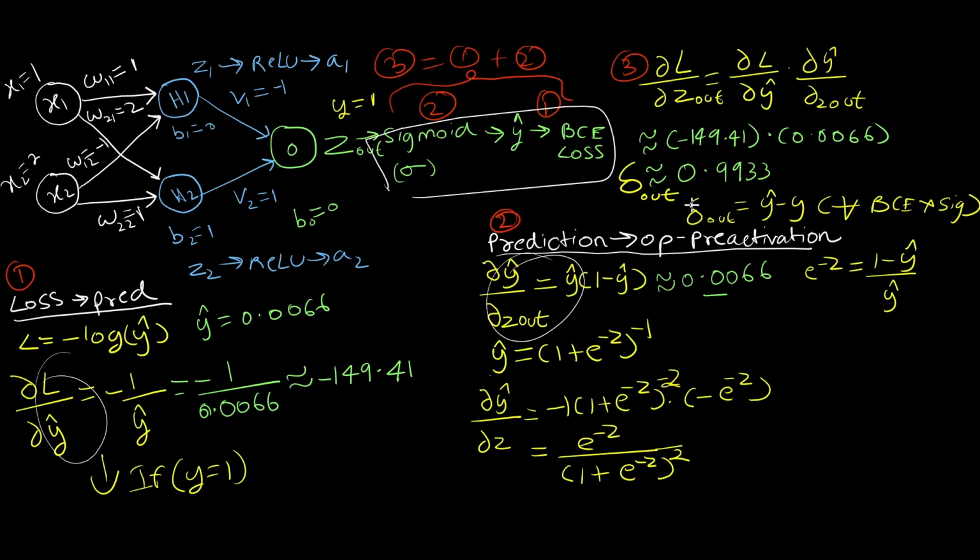So we introduce another term which is called the error signal, which is delta of output, which we mentioned here, to represent the error which is downstream of all these things after the output neuron. So that is prediction to pre-activation and prediction to the loss. So how can we combine this? We can combine this with the chain rule. That is, we just multiply the partial derivatives.